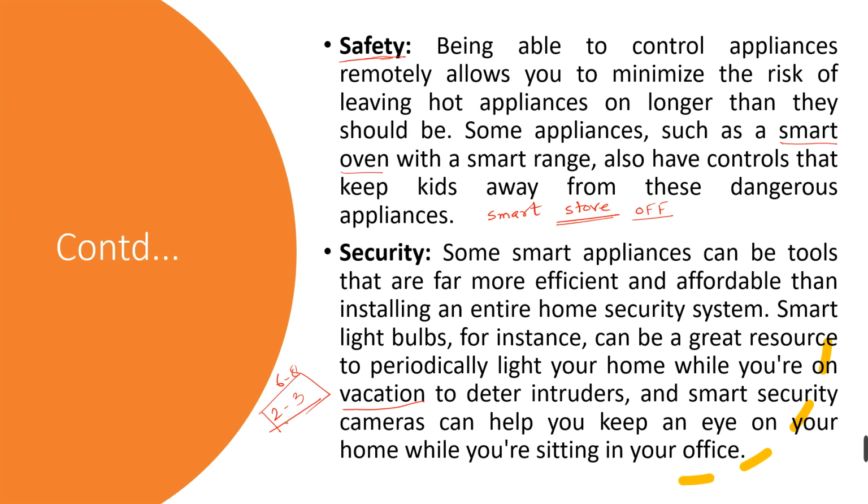This is one option. Another option: if the light can be controlled from a remote location, in the evening at 7 or 8 p.m. you can switch on that light. You may be at any location, but you can switch on that light between 7 to 9 p.m. So nobody can easily identify that the house is vacant and nobody is staying in that house. You may be on vacation, but you can control your light from your location. So this is an add-on feature of security.